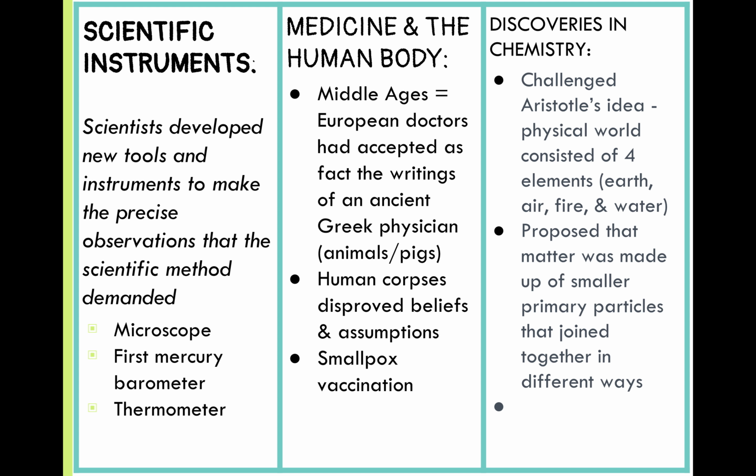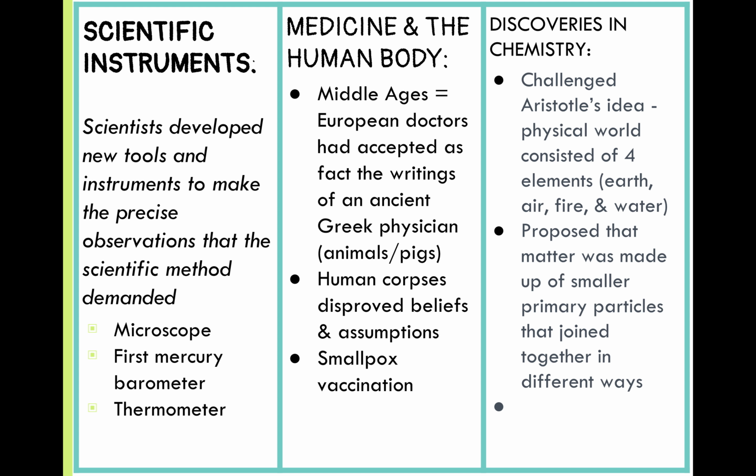Medicine and the human body is also going to be a scene for this new age thinking to come through. In the Middle Ages, European doctors accepted the writings of ancient Greek physicians, who basically wrote their teachings by dissecting animals and pigs. And these doctors believed that what worked in animals and pigs worked in humans.